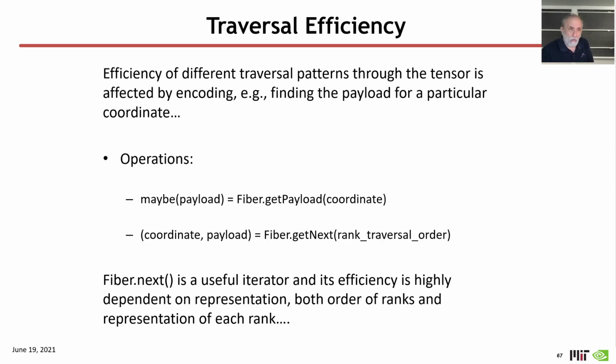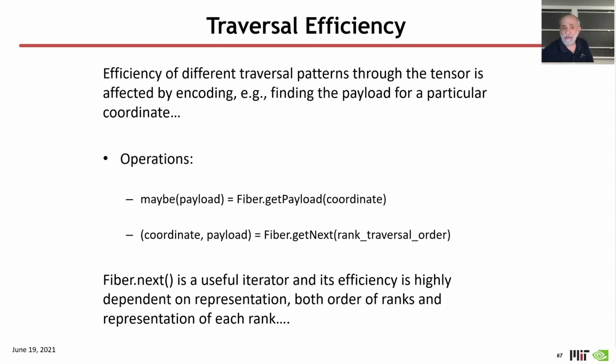So what are the consequences of these variations? Well, one of the important consequences is the efficiency of traversals through the arrays, because that is affected by the representation that is chosen. And so the operations that are of particular interest are the one we've talked about before, which is get the payload by coordinate out of a fiber.